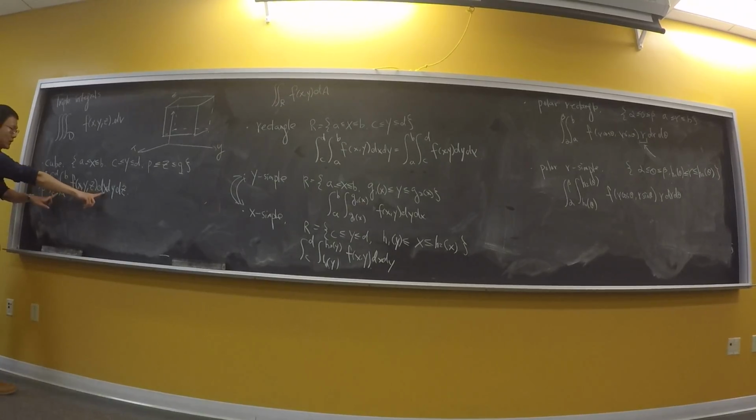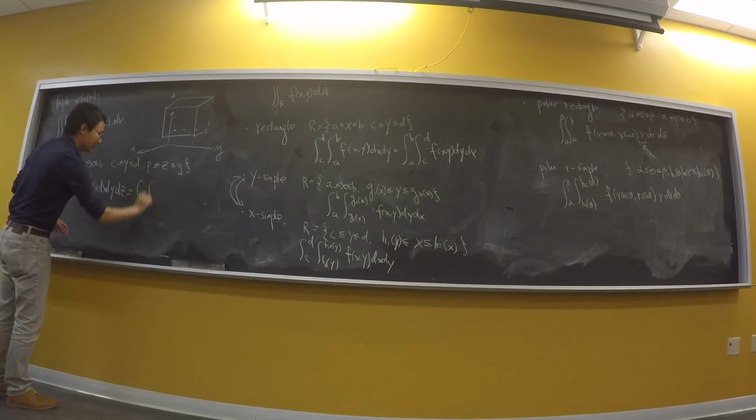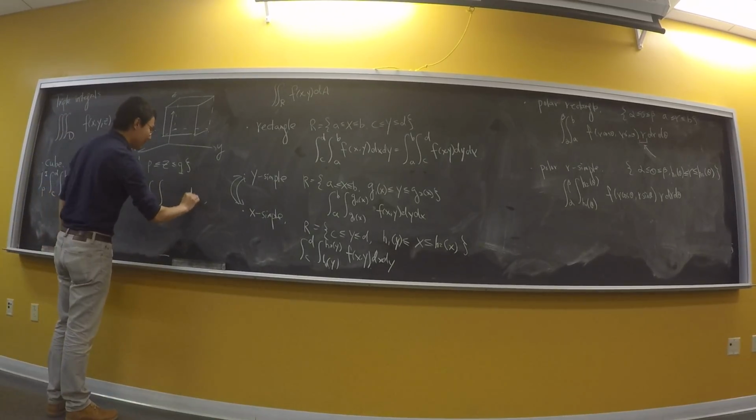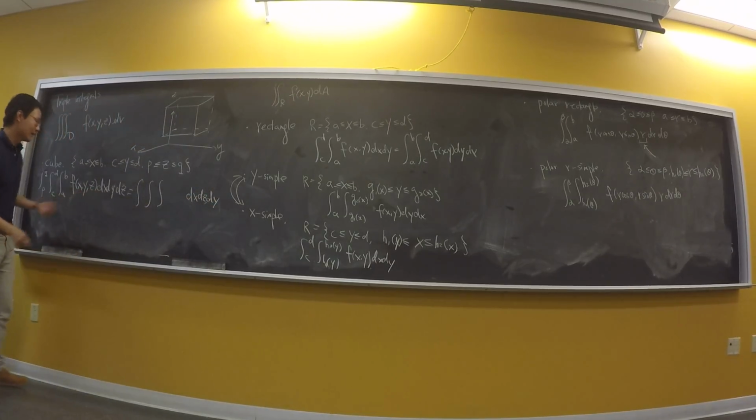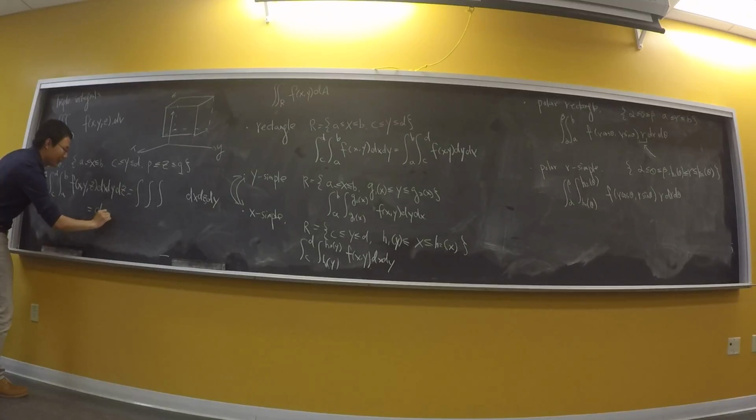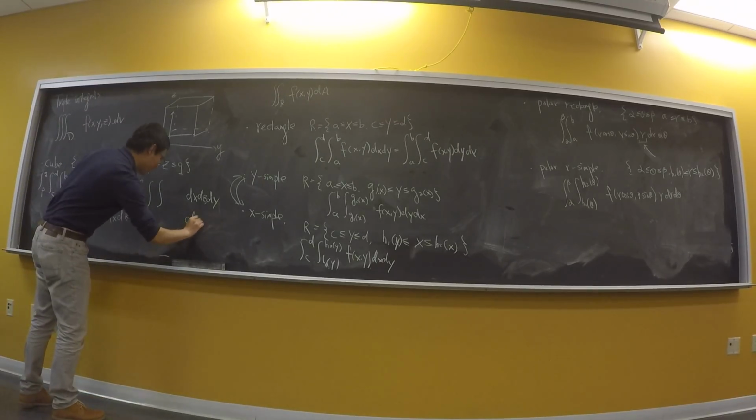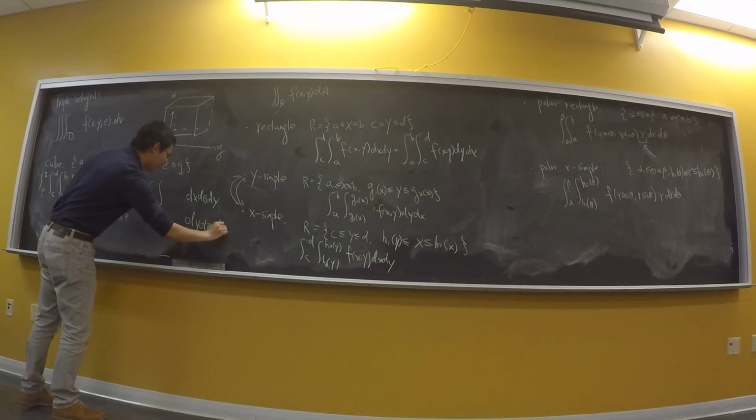So x from a to b, y from c to d, and z from p to q. I can write this in dx, dz, dy. I can write it in dy, dx, dz. I can also write it in dy, dz, dx.